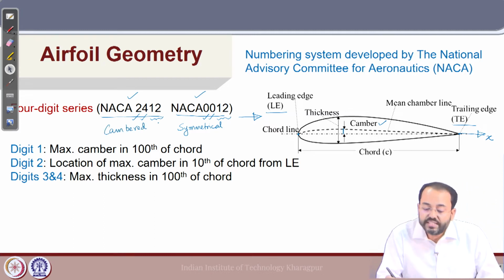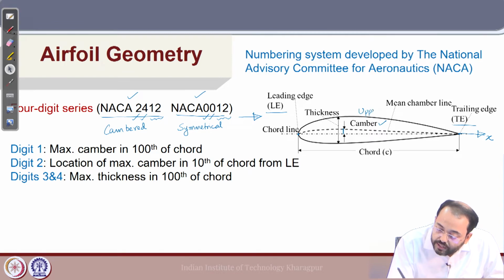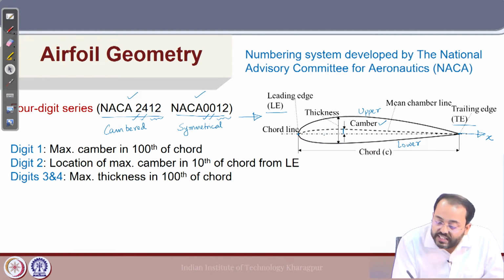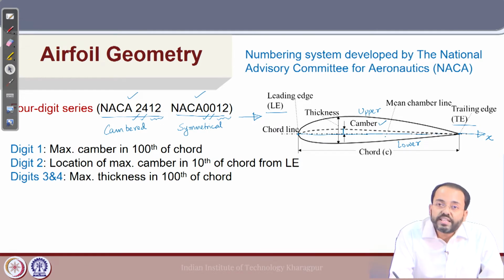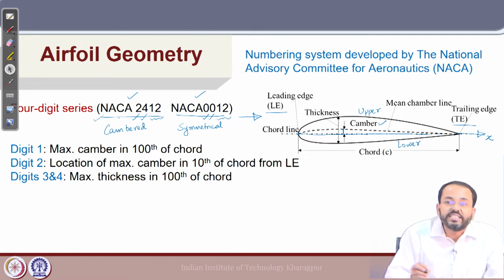Symmetric foil section means the upper and the lower surface of the foil are symmetric about the chord line. The dotted line below the camber line is the chord line. The picture shown here is that of a cambered foil, which is typical of this section NACA 2412, which has a finite camber.